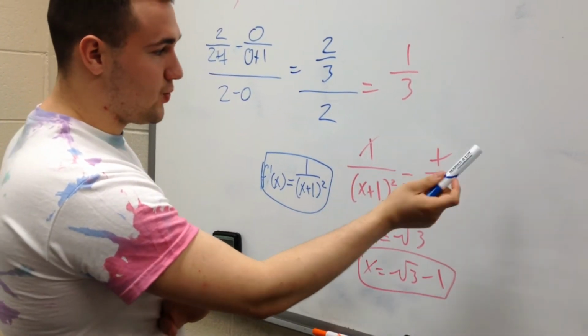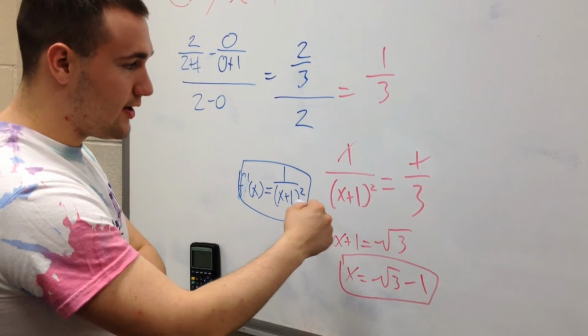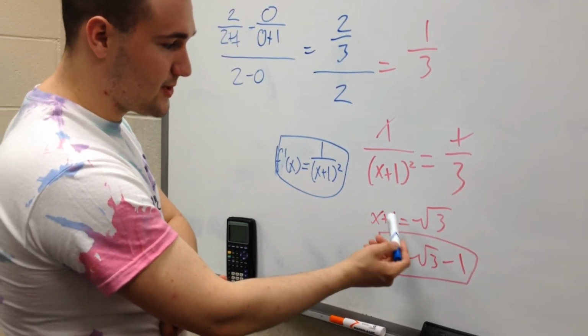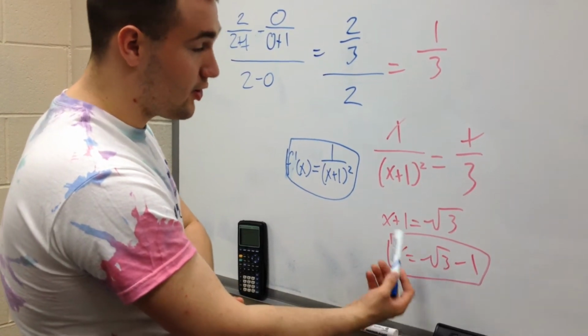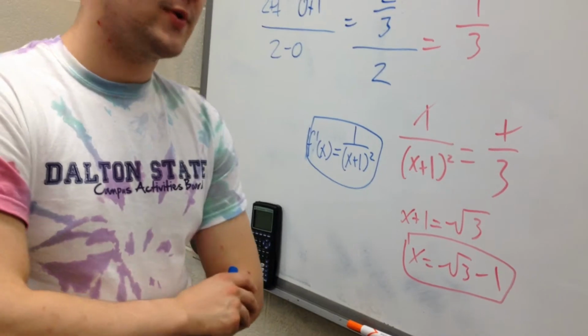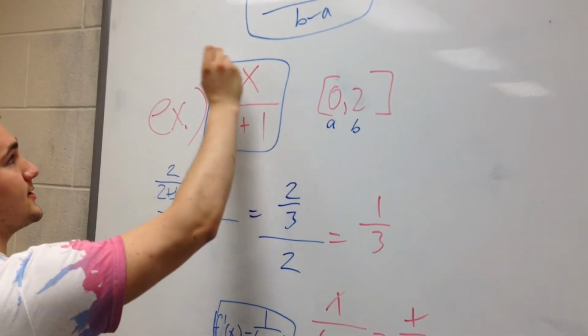We can forget about these 1's, and then it's actually x plus 1 squared equal to 3. We can take the square root of both sides, and now we have x plus 1 equal to radical 3, and then subtract 1, so now x is equal to radical 3 minus 1. And that's the answer to this problem.